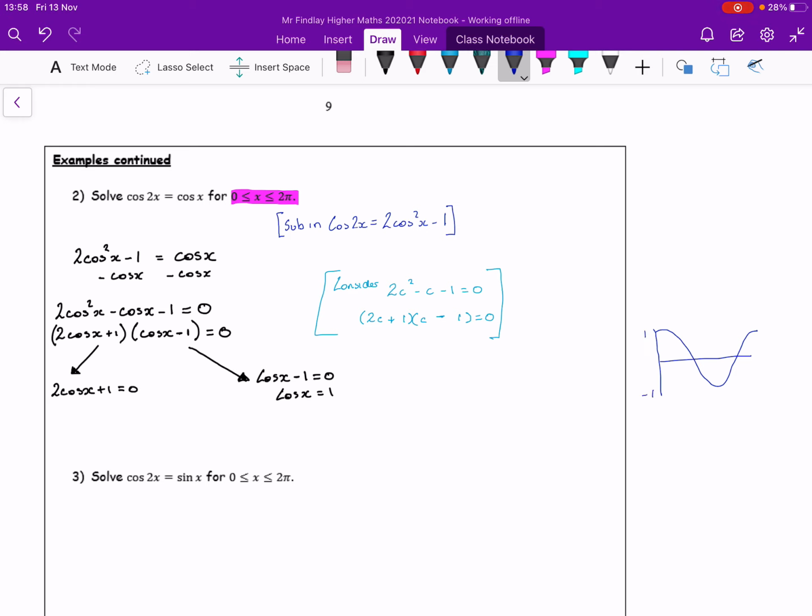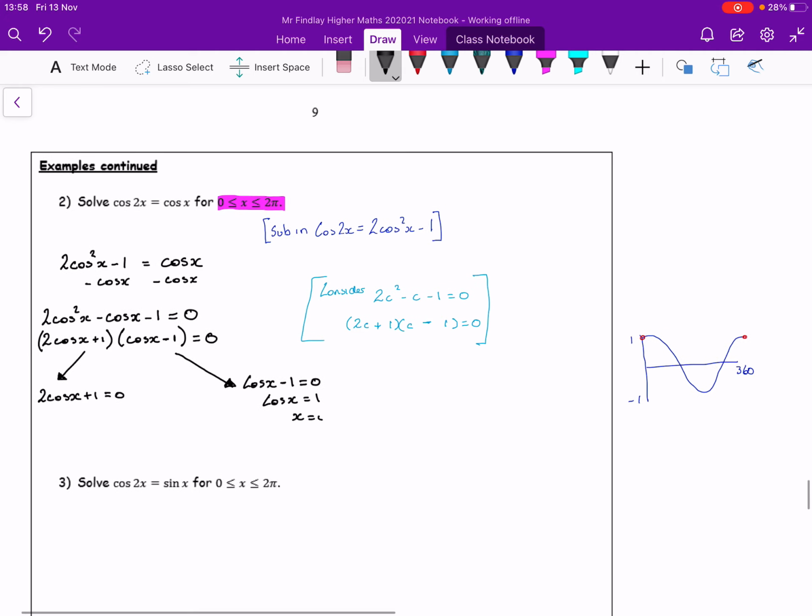At 0 and 360 degrees is the two times that cos x is equal to 1. So x is equal to 0 and 360.